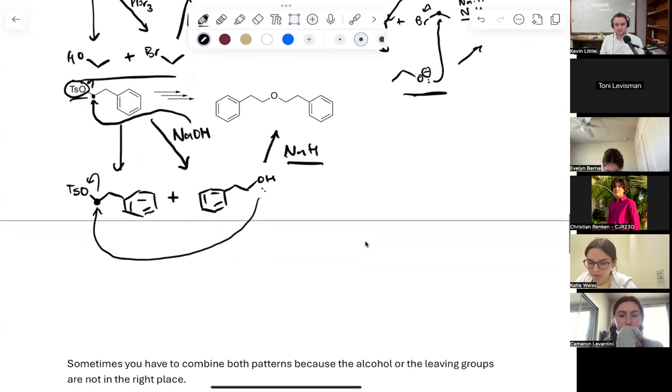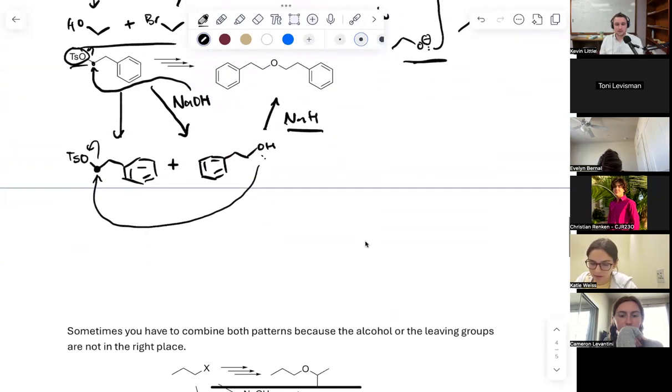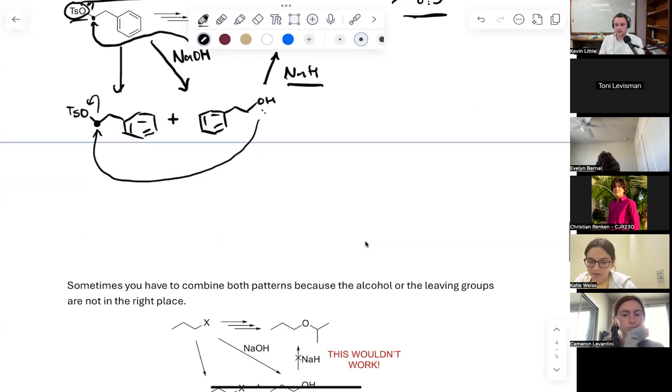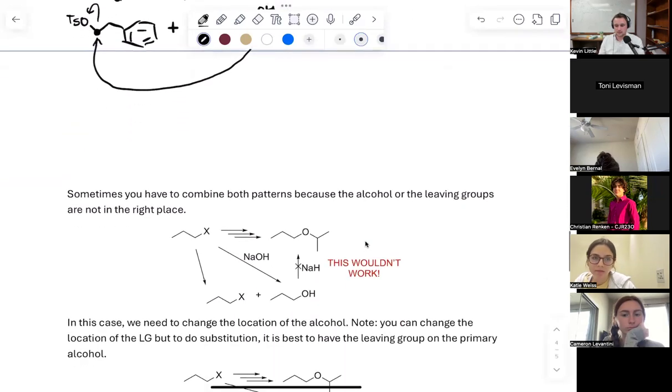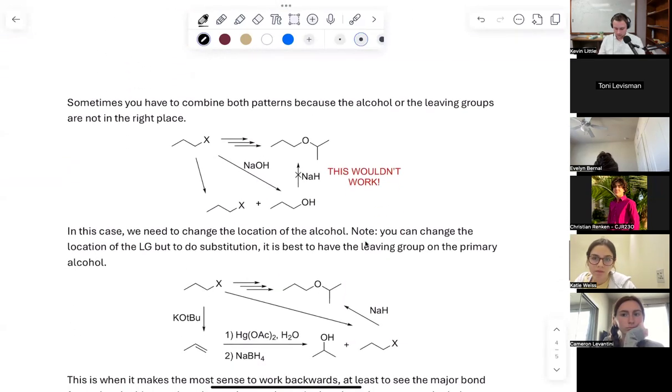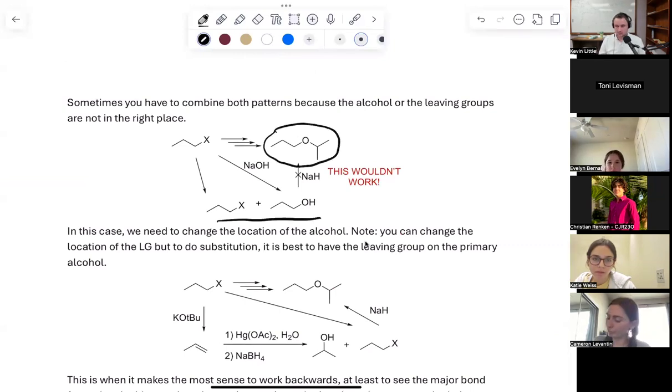Right. So the only thing that's really left is combining these ideas. Notice this product wouldn't flow from these starting materials. Why would these starting materials not get this product?